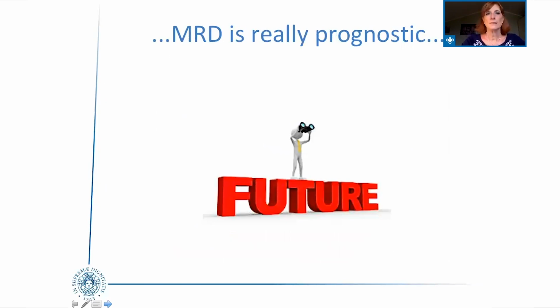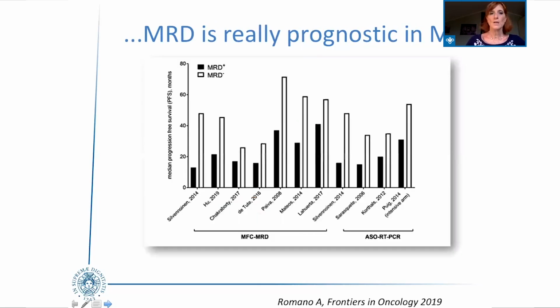But I think that for us, for clinicians and hematologists, the most important thing is that MRD is really prognostic across all hematological diseases. You can see here multiple myeloma, different studies, different years, different technologies, but the same results.